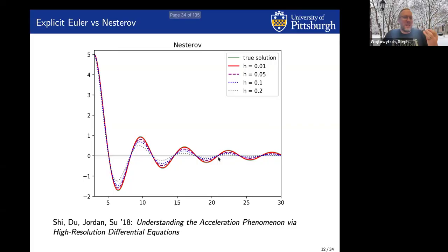And so this is basically a very clever way of making sure that the discrete time system is structure preserving in the optimization way, even if it's not better in the ordinary differential equation solver way.